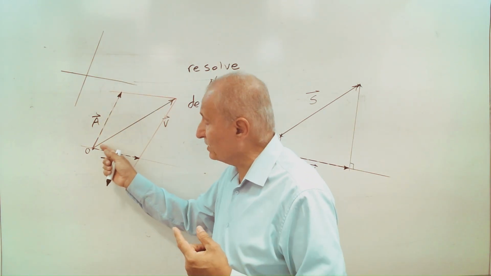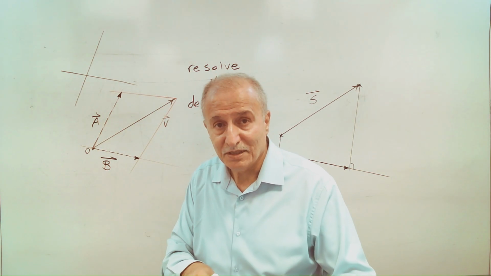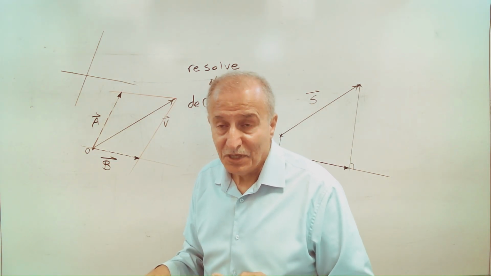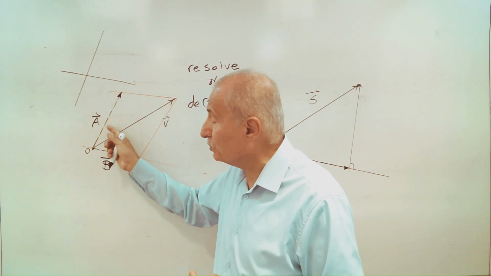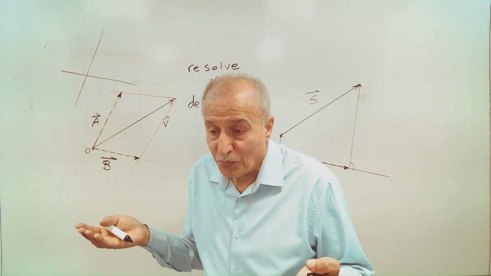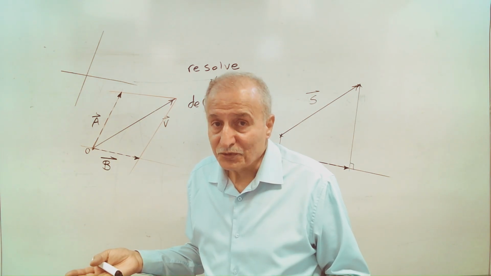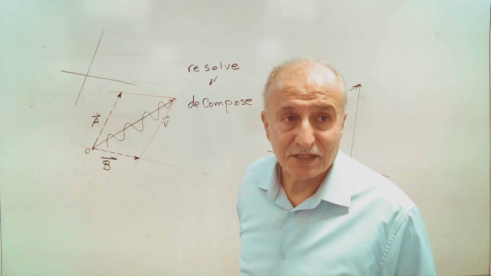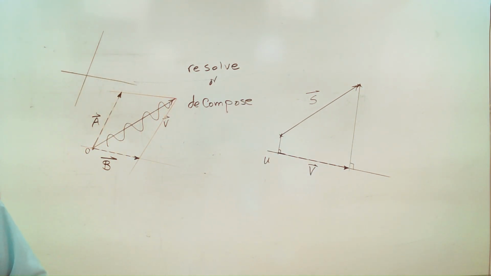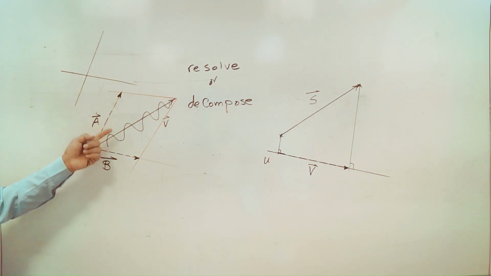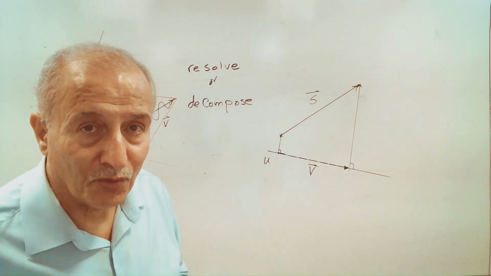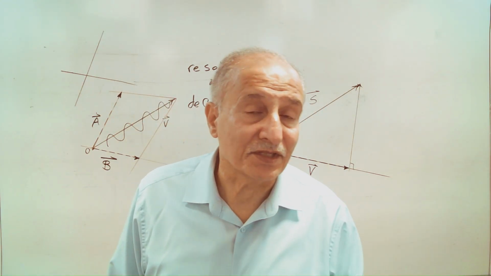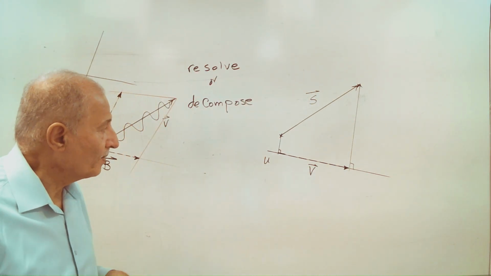They cannot be together because this force is resolved into its components. And when the components exist, the force doesn't exist anymore. This is why we draw a line like this, meaning this doesn't exist anymore. These two represent the force, and the original representation is resolved and doesn't exist anymore. That's it.